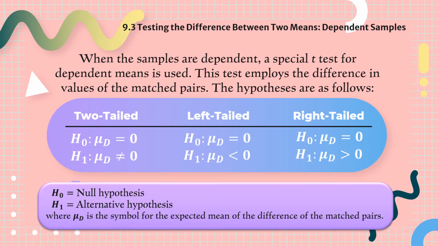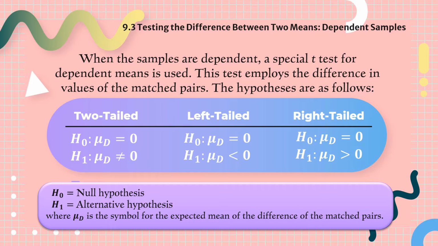Dependent samples usually madidetermine natin na dependent sample siya kapag ginagamit siya as a pre-test and post-test. So when the samples are dependent, a special t-test for dependent means is used. This test employs the difference in values of the matched pairs. The hypotheses are as follows.